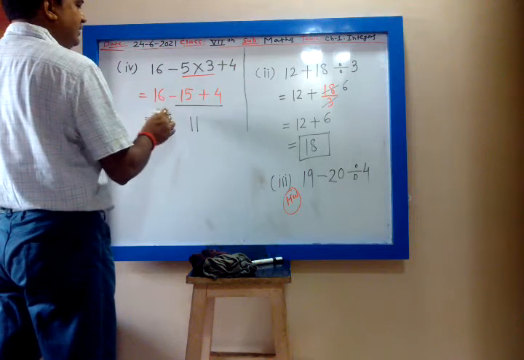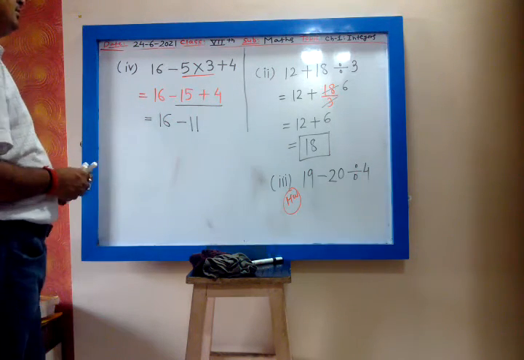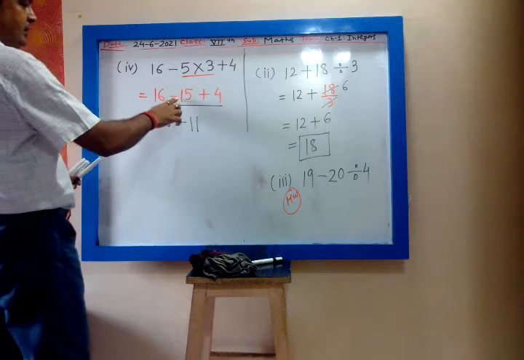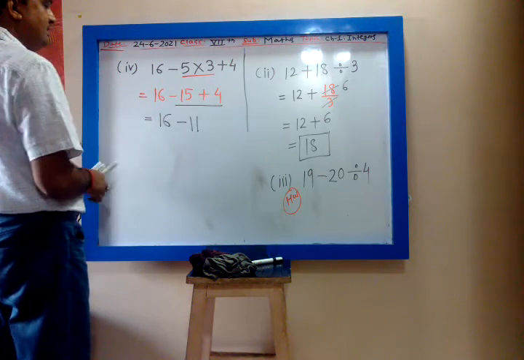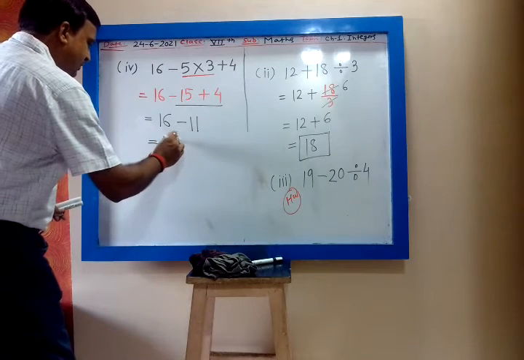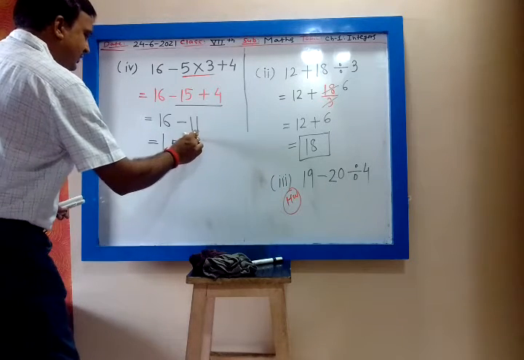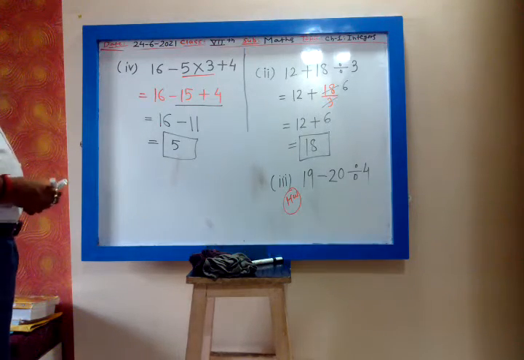Which number is bigger? 15. What is the sign of that? Minus 11. Now 16 minus 11 is 5. So the answer is 5.